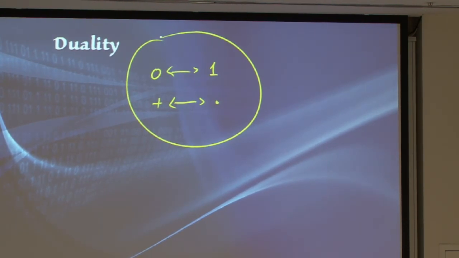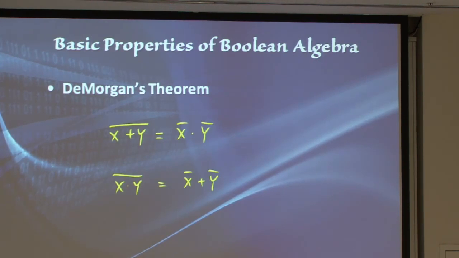Now, duality is not actually a way to manipulate expressions. When you replace zeros and ones and ORs and ANDs, you actually change the expression. But it's rather a theorem about theorems, that if you can prove one expression, then taking its dual will be true as well.